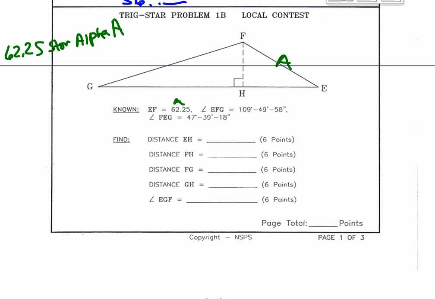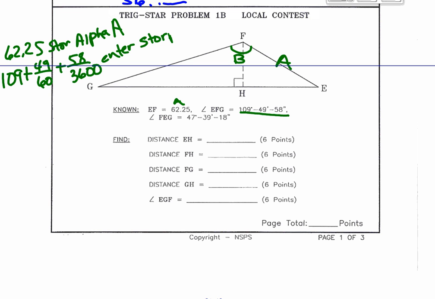And then I'm going to call angle EFG, which is that big angle there, capital B. And the way that I'm going to do that in my calculator is I'm going to go 109 plus 49 over 60 plus 58 over 3600. Enter. And then I'm going to store that as alpha B. And if you want to write some of these things down, that's what you're going to do on the calculator when you're going through that.